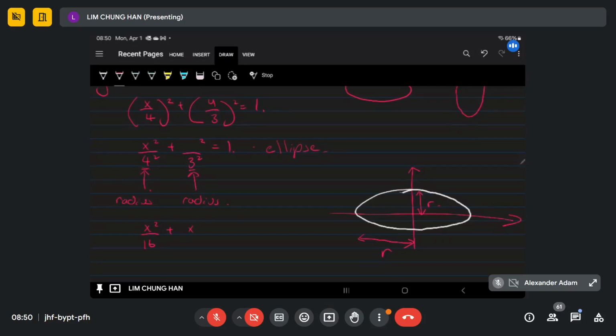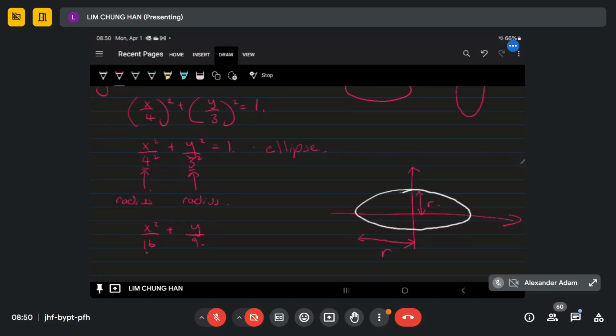Y over 3, then y squared over 3 squared. I wrote x just now, but it's supposed to be y. The thing I want you to pay attention to is the bottom part. I left the power 2 there.